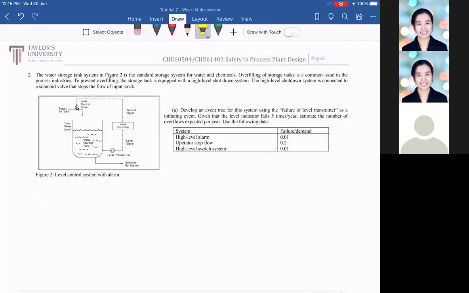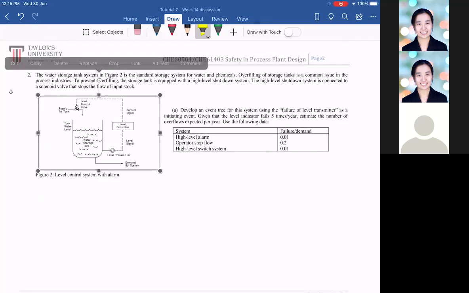The water storage tank in the figure below, Figure 2, is the standard storage tank for water and chemicals. Overfilling of a storage tank is a common issue. To prevent overfilling, the storage tank is normally equipped with a high-level shutdown system. The high-level shutdown system is connected to a solenoid valve that stops the flow from the input stock.